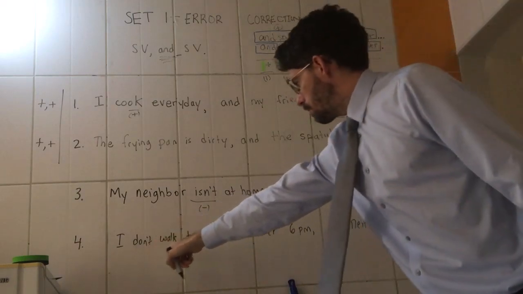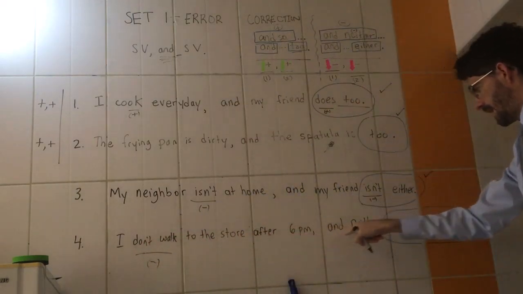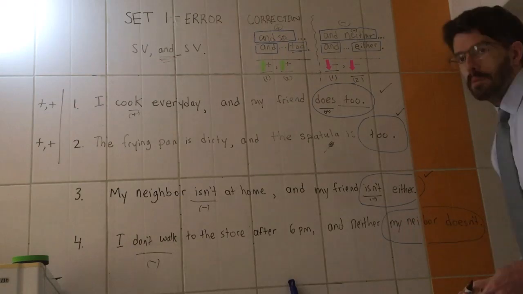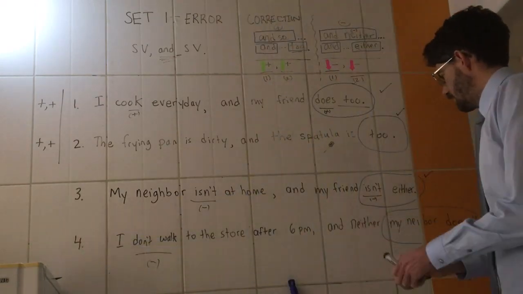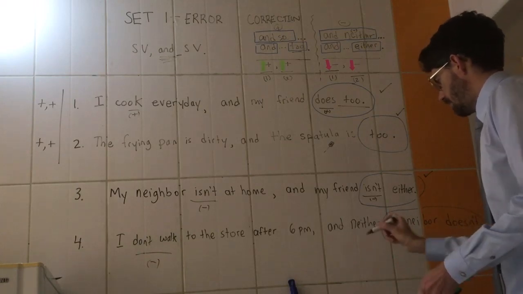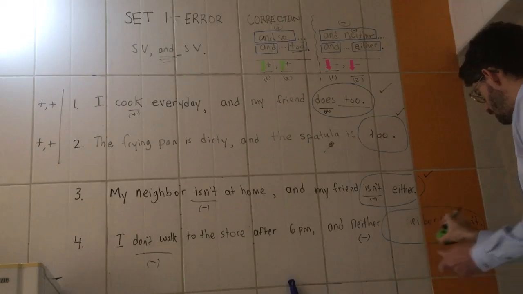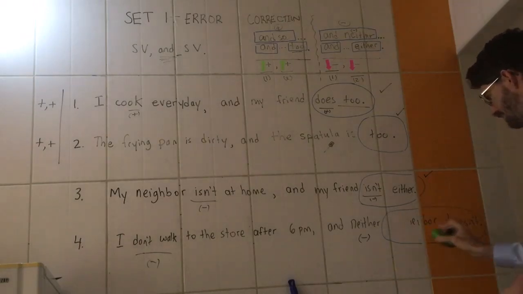Number 4, I don't walk to the store after 6 p.m. and neither my neighbor doesn't. Ooh, okay. So this has a couple problems. When you use neither for negatives, it is a negative, but then I have to switch the order, and I can't use negative again.